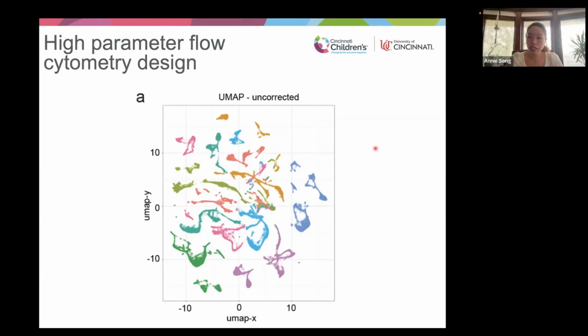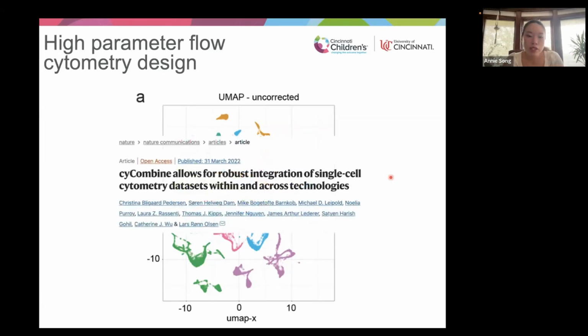So that indicates a pretty significant batch effect between the experiments, and therefore between the donors, that needs to be addressed before we can even start to think about the human-to-human variation or consistency, depending on which way you look at it. To do that, I resorted to another known tool called Cycombine, which was published last year.